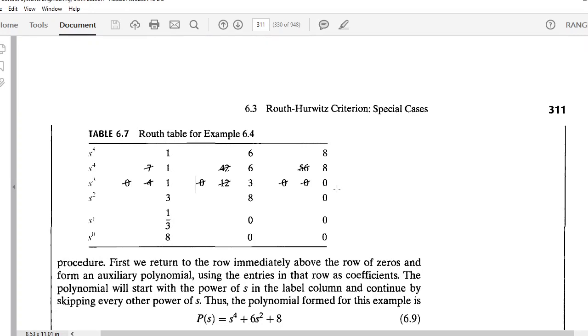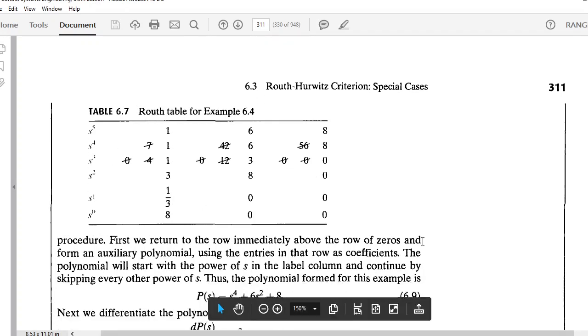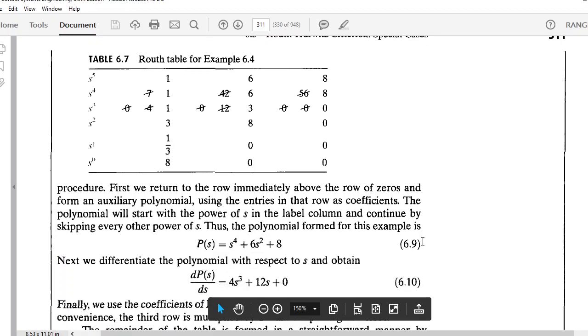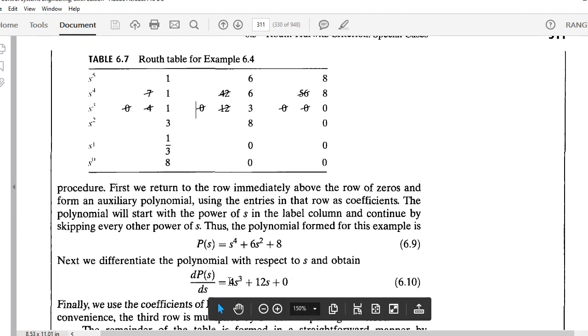Now when you have a row of zeros, what you do is that you take the row above the row of zeros, in this case being s raised to 4, and then you differentiate that row with respect to s, and then you get the new coefficients for the s cubed row.